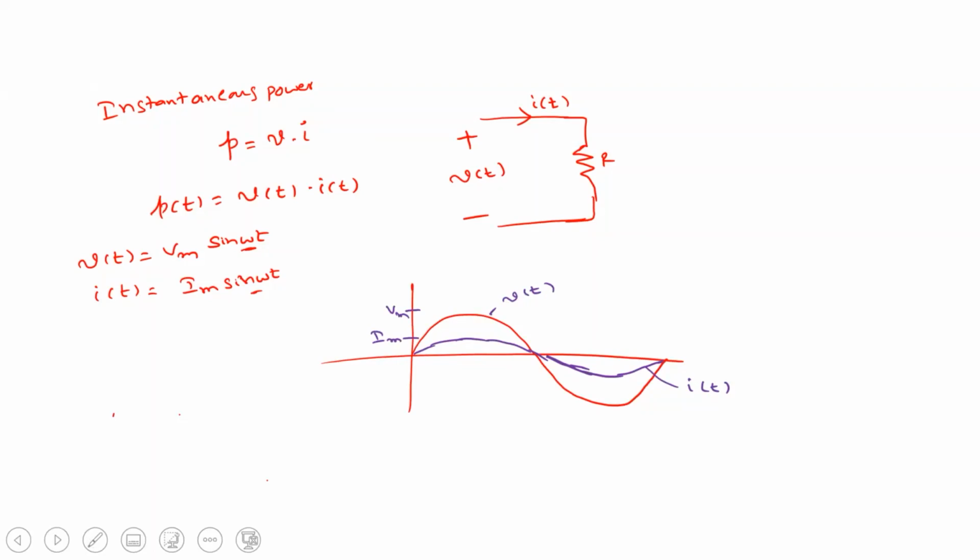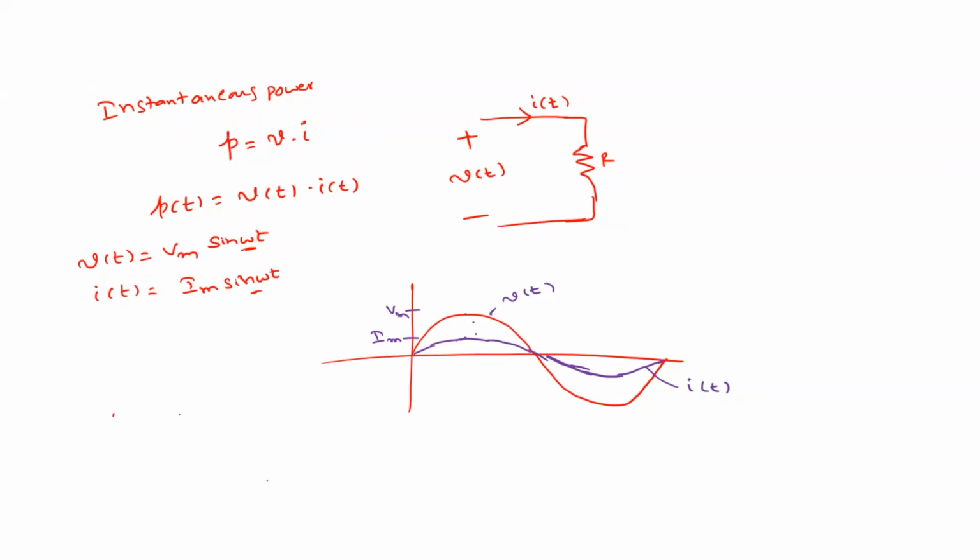How will you define p of t? It is Vm Im sine square omega t, the instantaneous multiplication of these two. Is this positive or negative?